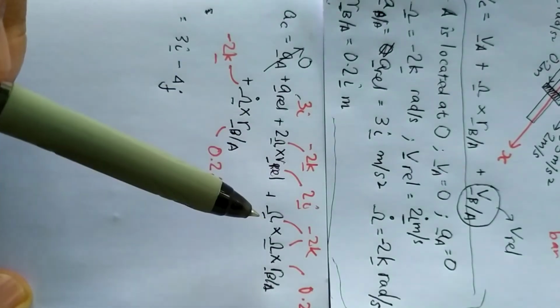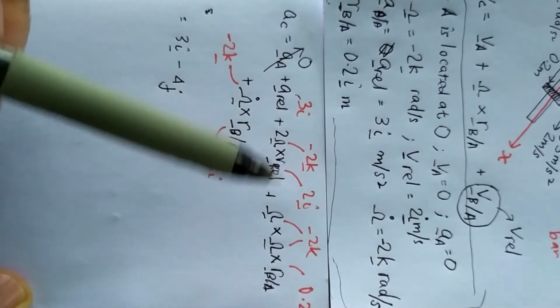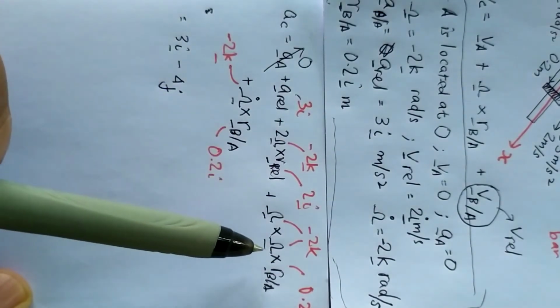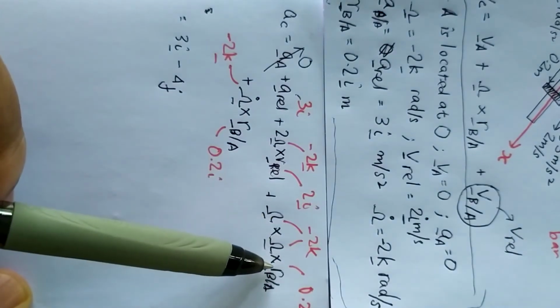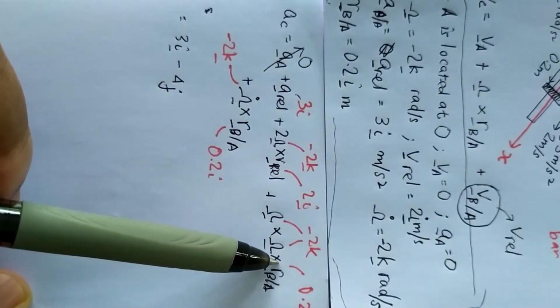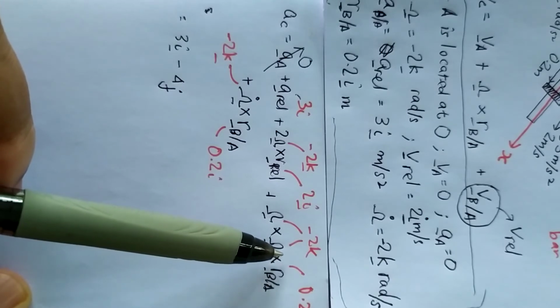Omega dot, K cross I, 4 times 0.2 is 0.8. Am I right?